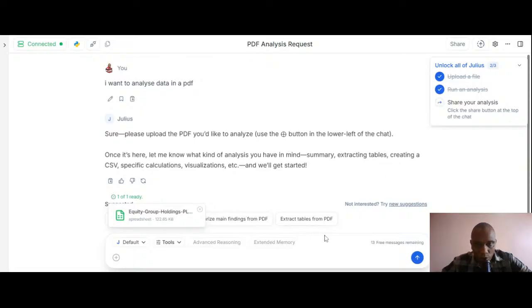So I will tell it to extract the table from the PDF, and then tell it to analyze the data for me.